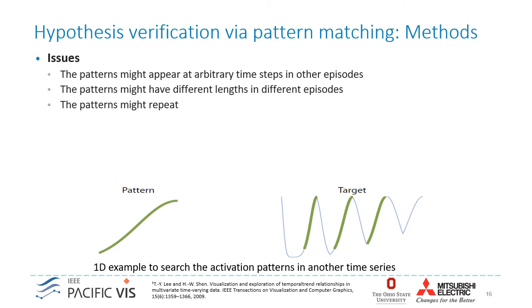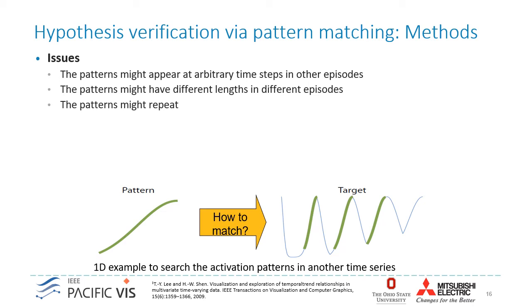Here we briefly discuss the technical challenge of searching the activation pattern of sub-episodes in other episodes. The main issues are that the pattern may appear at arbitrary time steps and that the length can be different as well. If we just do brute force search, it will be slow to consider all scales and all locations.